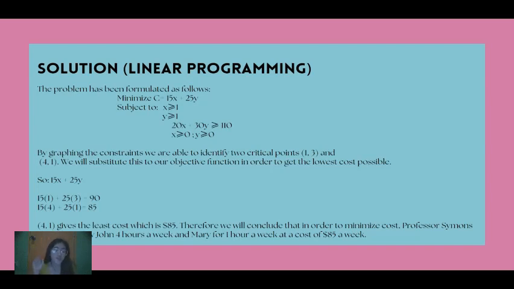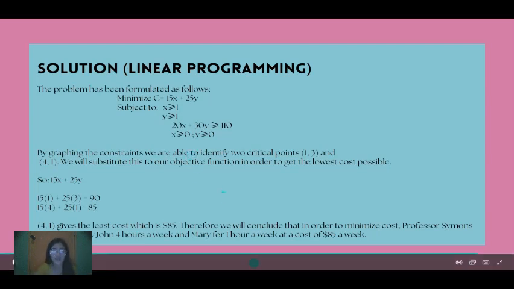So, the point (4, 1) gives the least cost, which is $85. Therefore, we conclude that in order to minimize costs, Professor Simon should employ John for 4 hours a week and Mary for 1 hour a week at a cost of $85 per week.